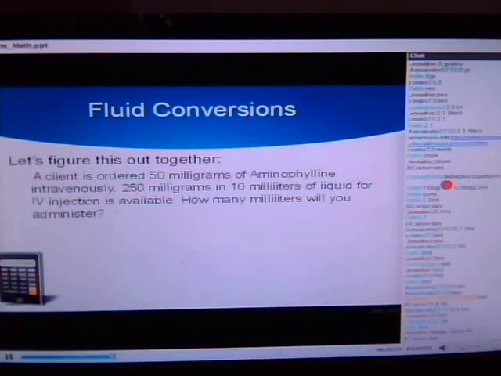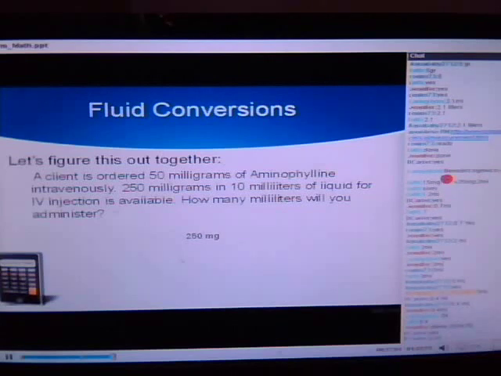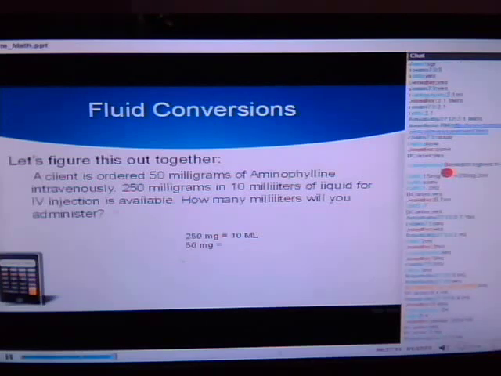Okay, this one I will write on the board. You guys go ahead. This is the way I would set it up. I'm supposed to give 50 milligrams intravenously. I know that there's 250 mgs equals 10 mLs. I'm supposed to give 50 mgs.